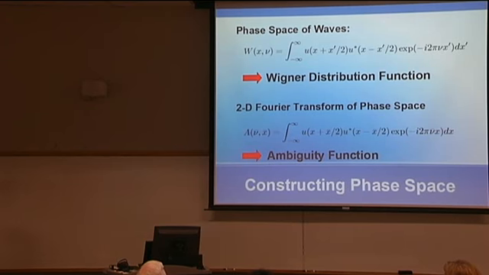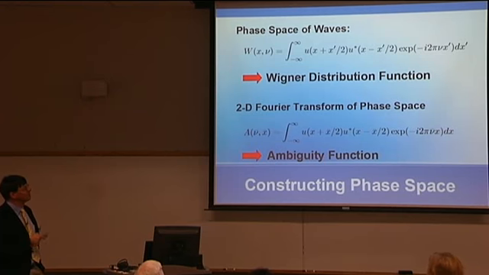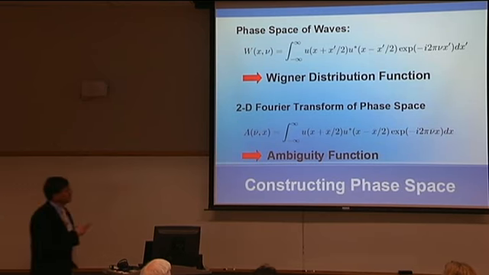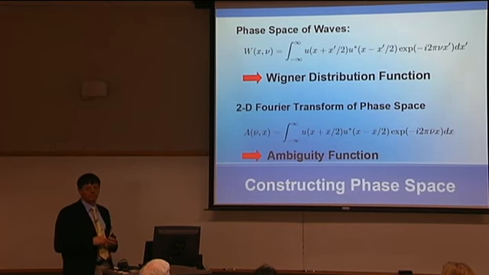That's how the Wigner distribution function becomes the central distribution for waves as a phase space representation. And it will be important for us to also talk about the ambiguity function, which is more or less the two-dimensional Fourier transform of the Wigner function. So this is how we construct a phase space of waves.